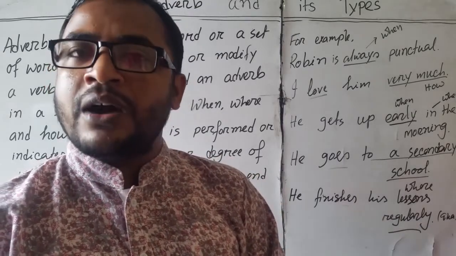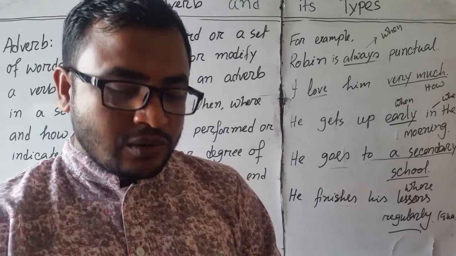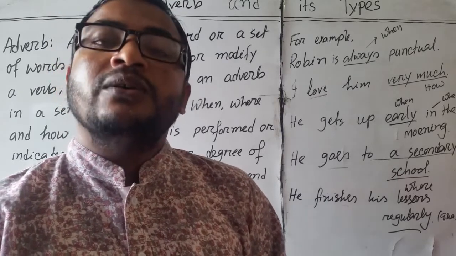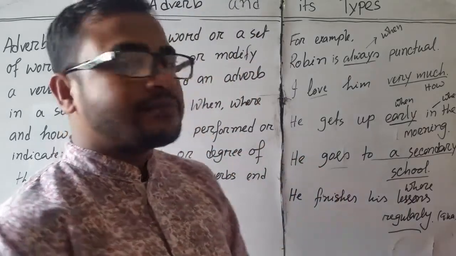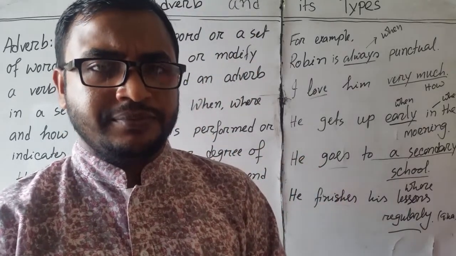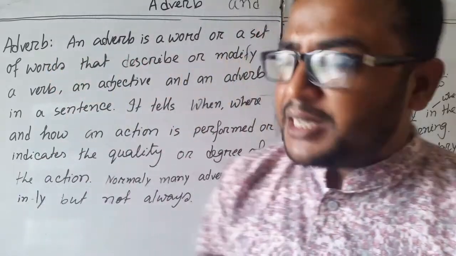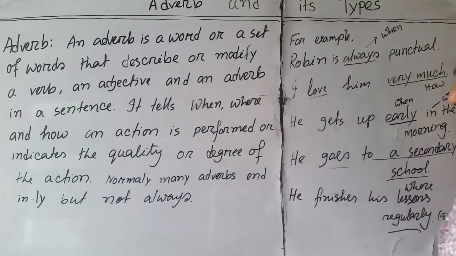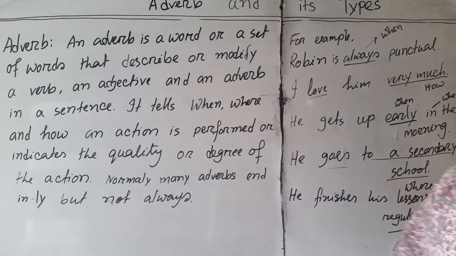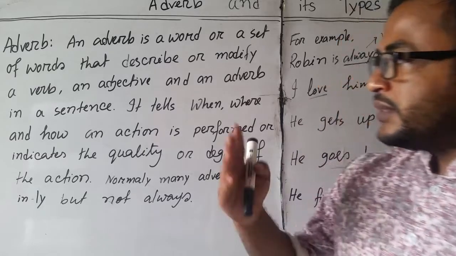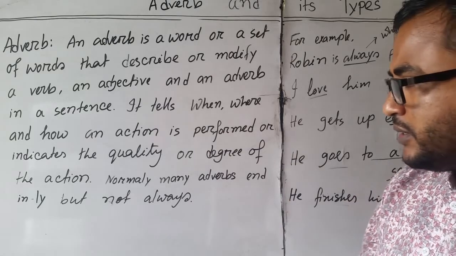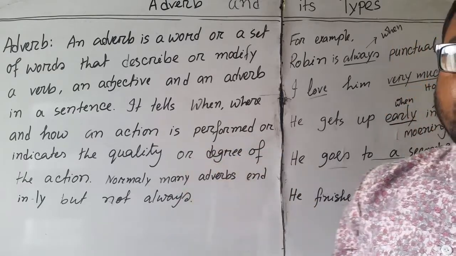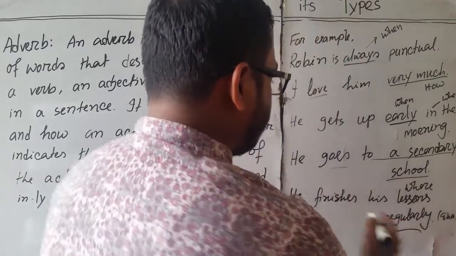All are adverbs. All the adverbs modify or describe the verb. How does he finish? So sometimes an adverb tells us or indicates some quality of the action. Here the action is finish.